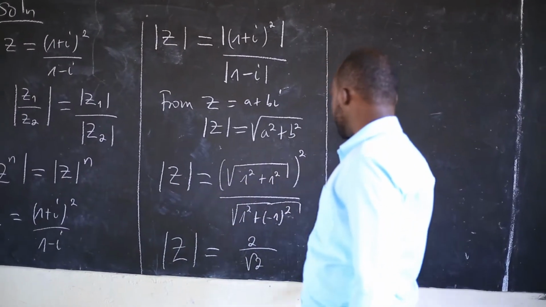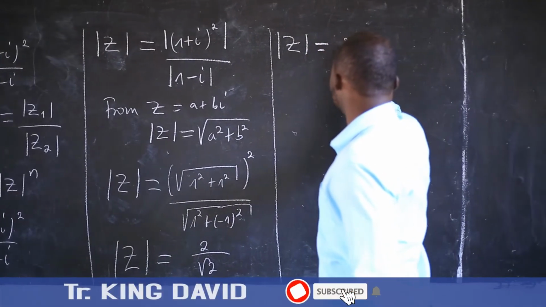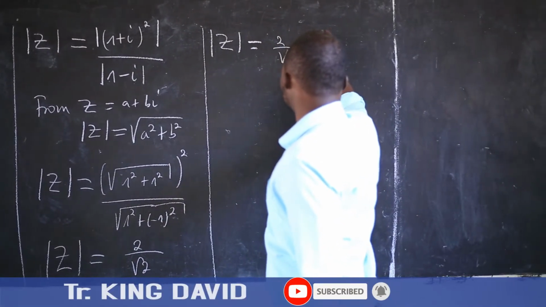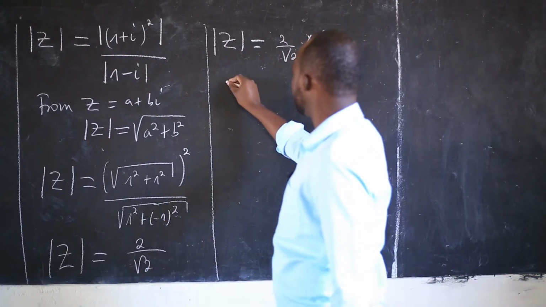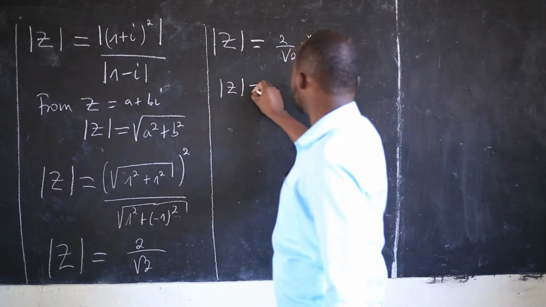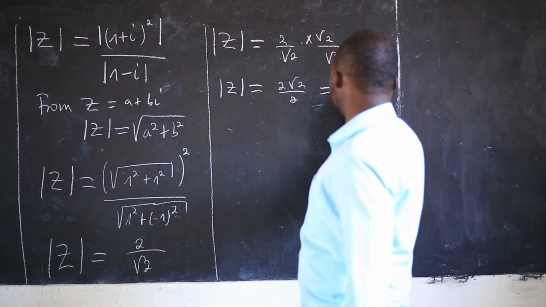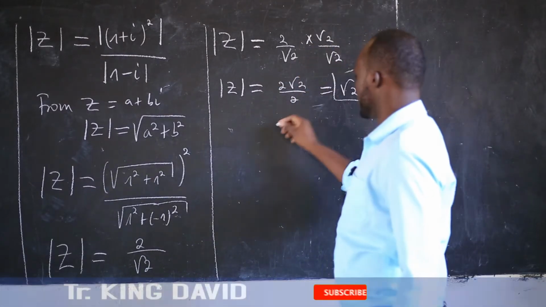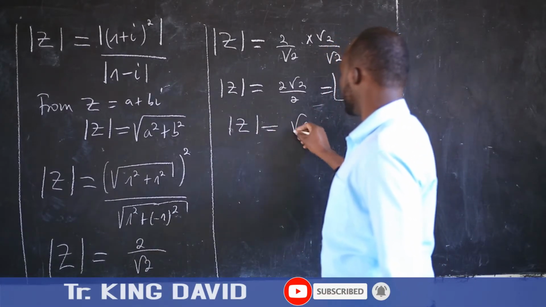So now the modulus of z is 2 over root 2, times root 2 to rationalize. We get the modulus of z equal to 2 root 2 over 2, where the answer is root 2. So the modulus of z is root 2.